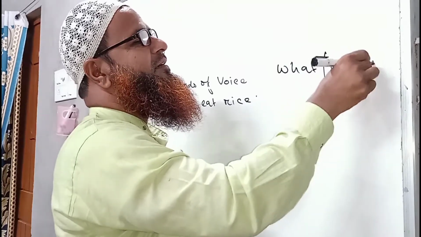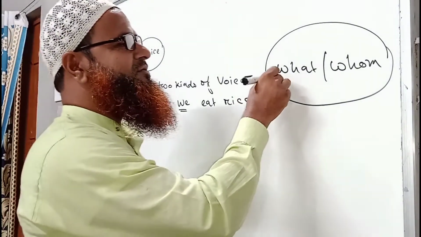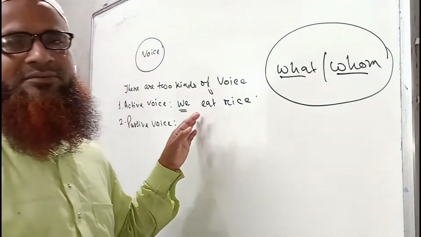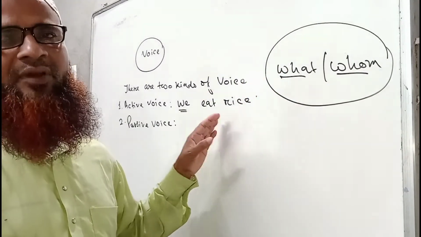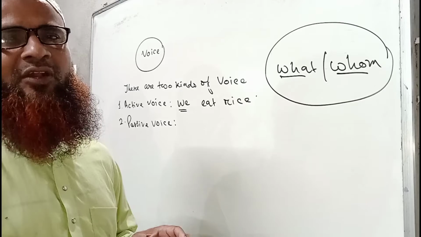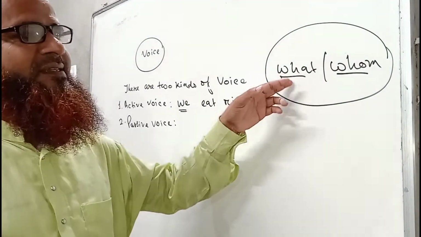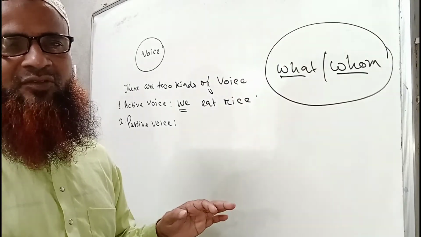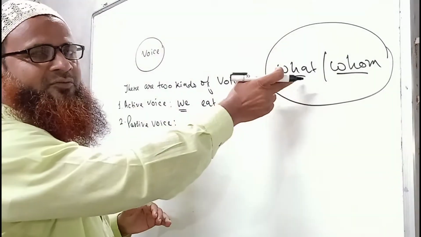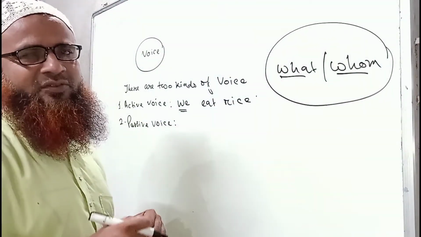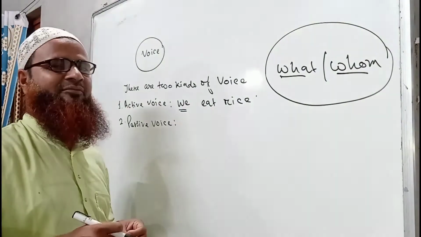So if we want to find the object of a sentence, then we have to ask the verb a question by using what or whom, whichever is appropriate. If after questioning with either of these words we get an answer, then it is the object of the verb.